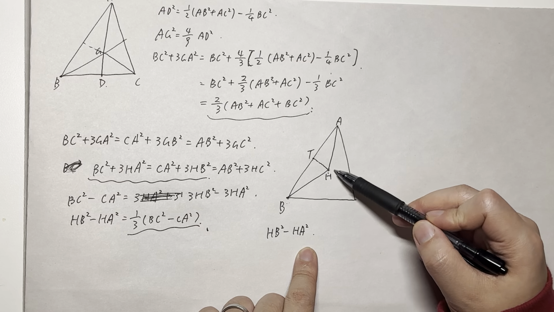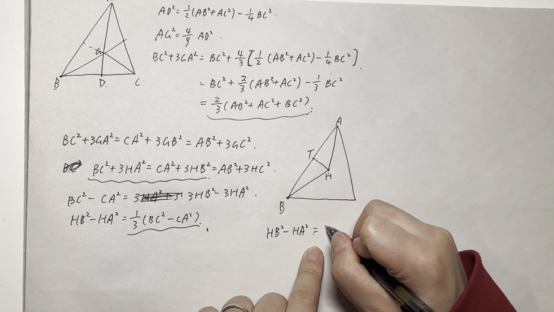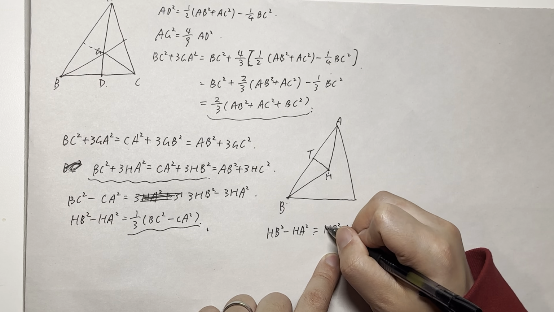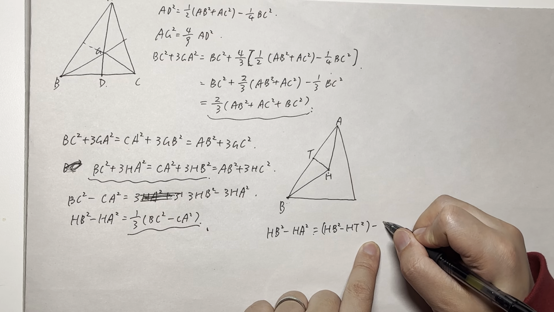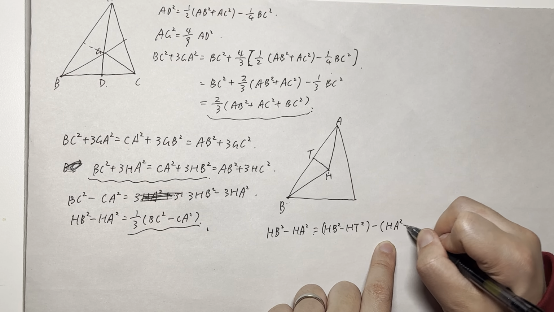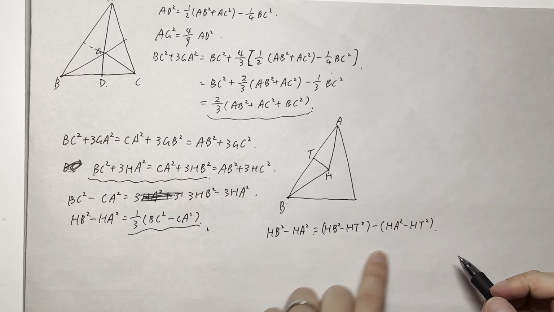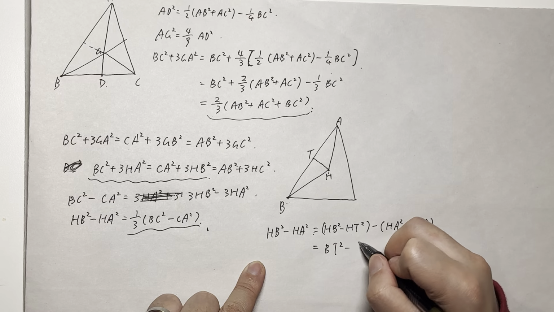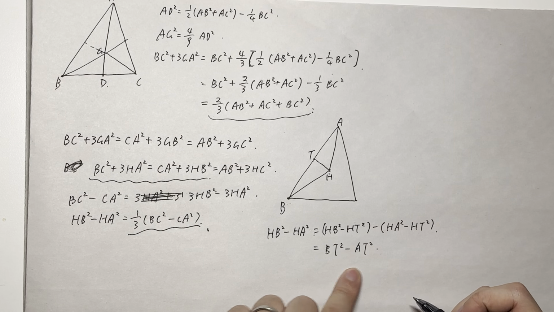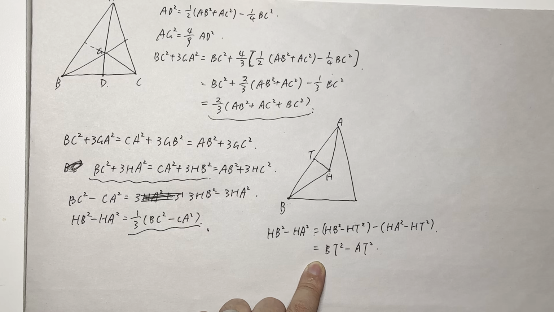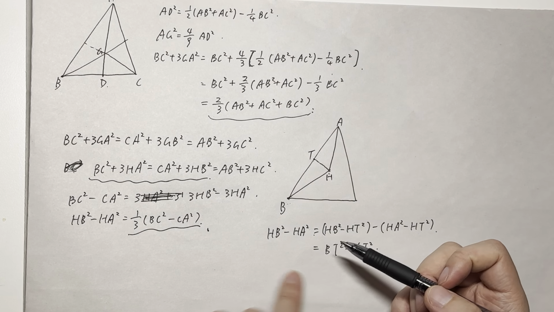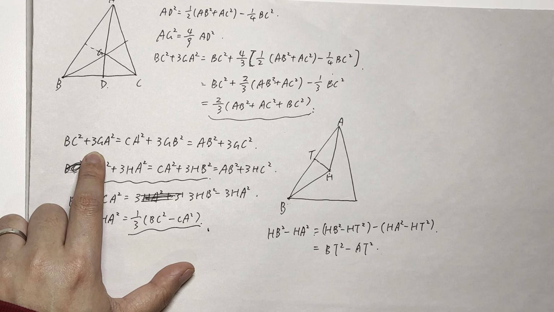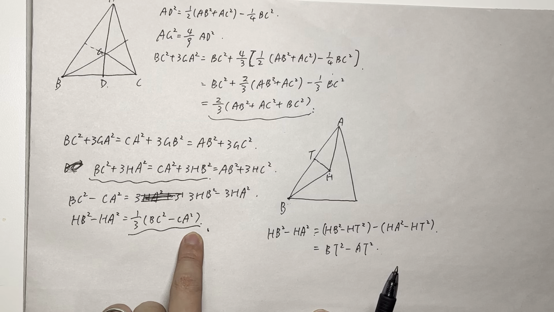So HB squared minus HA squared equals HB squared minus HT squared minus HA squared minus HT squared, which equals BT squared minus AT squared. And we already know that G, the centroid, is a valid point that satisfies this equation.